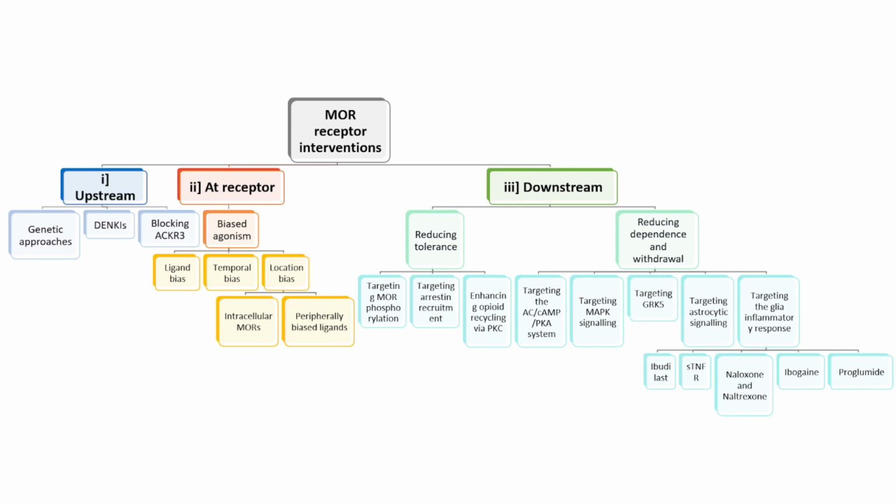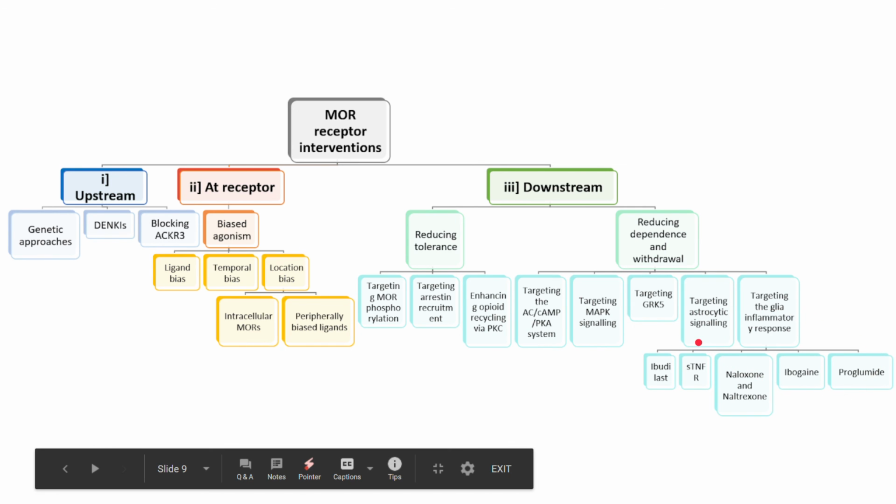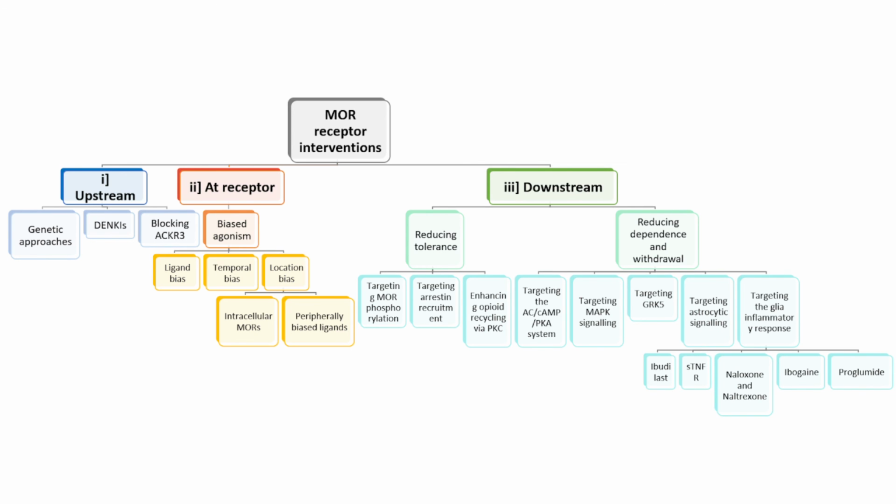So inhibitors of GRK5 could be used as anti-dependence drugs. Astrocytes are also important regulators of neuronal function and plasticity, and altered astrocytic signaling could be a major driver of dependence-like behaviors, so that could also provide another target for anti-dependence and anti-tolerance drugs.